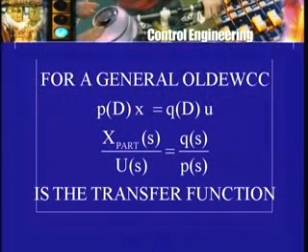Alright, so we have the concept of a transfer function for a system differential equation which is PDX equal to QDU, a linear ordinary differential equation with constant coefficients in which not only derivatives of the response may appear, but the derivatives of the input may also appear.